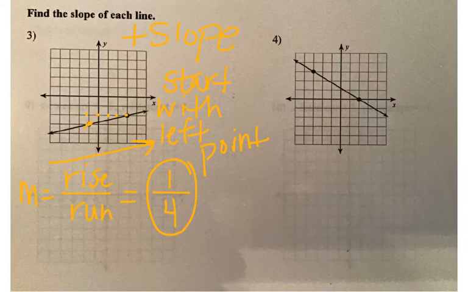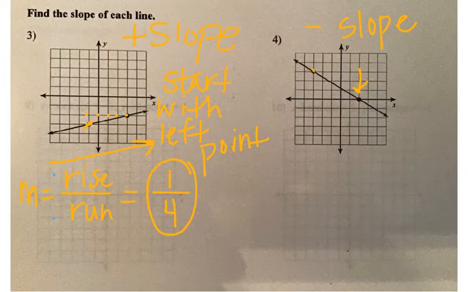Okay, so let's look at number 4. Since this line is going down from left to right, we know that it's going to be a negative slope. All right, remember, so we are starting with the point to the left. So here's our first point. The next point this time is down, right? So we always start with rise because we're looking at rise over run for this.